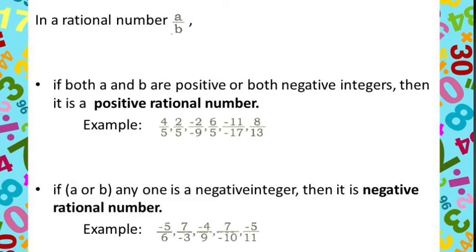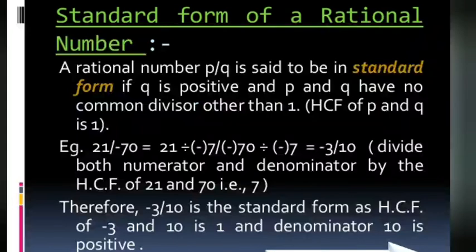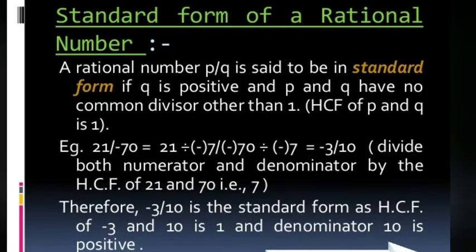And if the numerator or denominator, any one, is a negative integer, then it is a negative rational number. Examples of negative rational numbers: minus 5 upon 6, 7 upon minus 3, minus 4 upon 9, 7 upon minus 10 and so on.